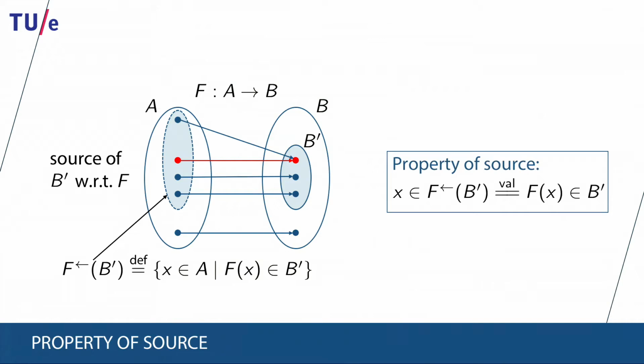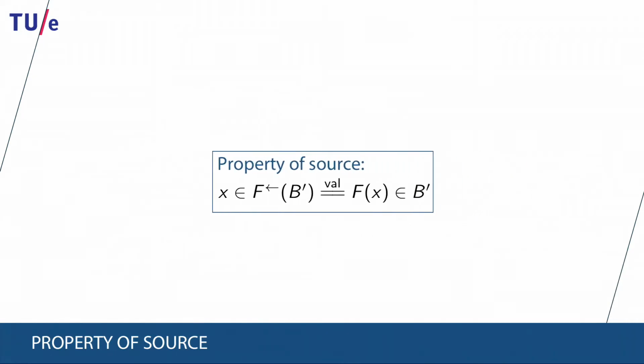This idea is reflected by the property of source. It is a property that can be used in two directions. From x in the source of B' with respect to F, we may conclude that F of x is in B'. And from F of x in B', we may conclude that x is in the source of B' with respect to F.